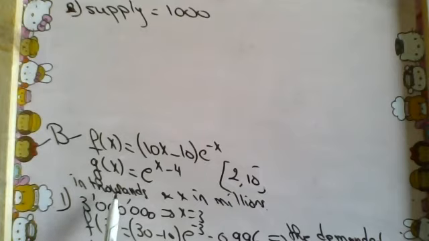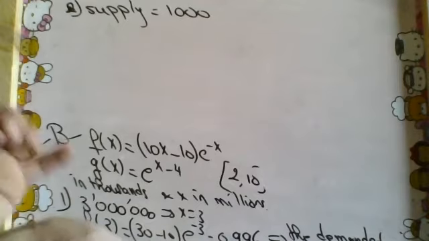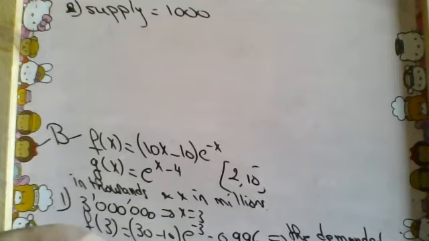So for example here, 0.996 means we have 0.996 times 1000 objects.